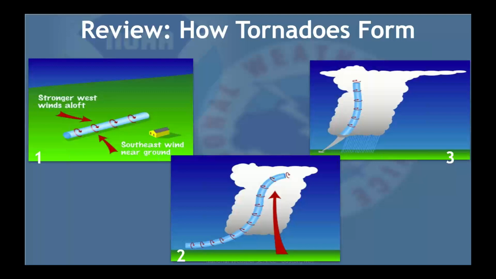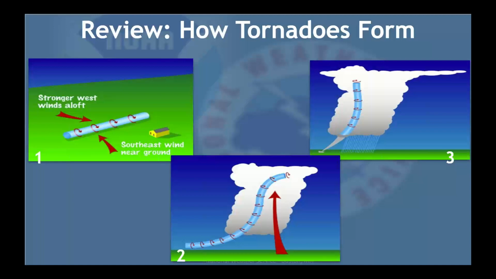And if the updraft comes in contact with one of these rotating vortex tubes, it can lift it up and tilt it into the vertical. So then you have a storm that is spinning, but it is vertical now. And so if that rotation gets tight enough, then it can eventually drop a tornado, or in this case, a waterspout down from it.